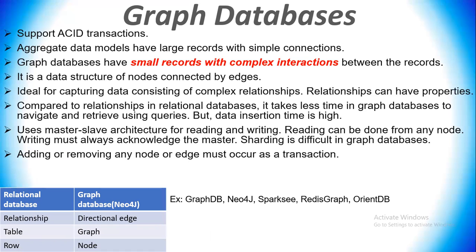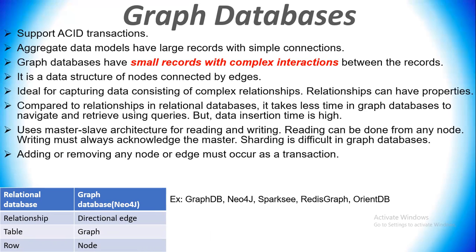So adding or removing a node, not only one node, maybe one or two or a set of nodes, or maybe removing a relationship, or maybe removing an attribute, all of this occurs as a transaction. So the limit for the transaction is the graph.